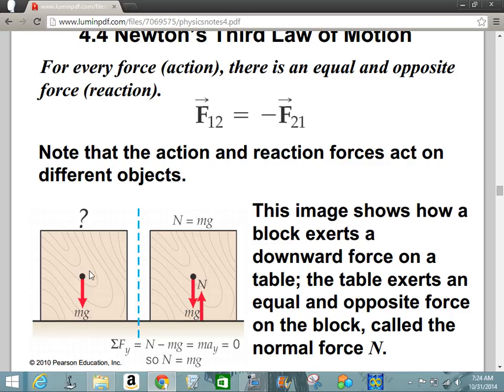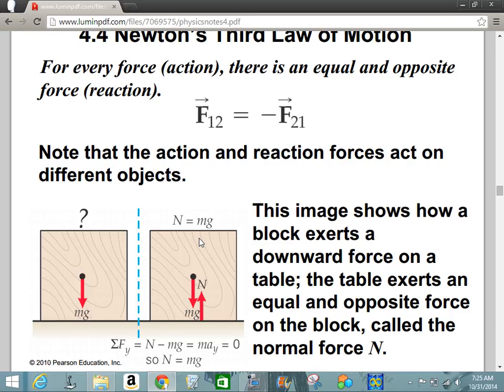So if we look at this object, the block is pulling down due to its weight, but the table or substance that it's on is pushing up with what we call the normal force. They're equal and opposite. Now what is the normal force? Well, the normal force is the force that's exerted on an object to keep it still, I guess.